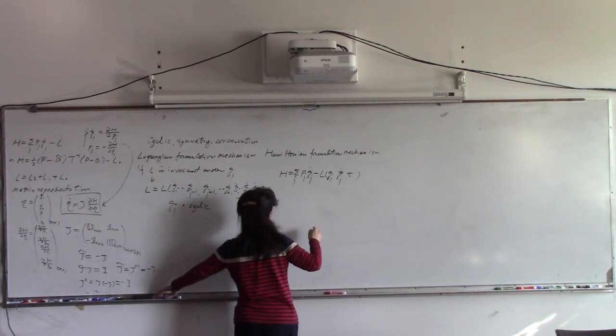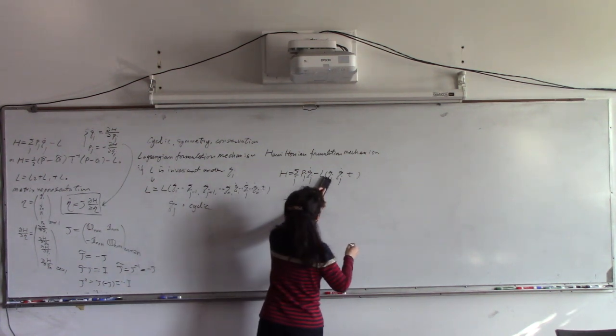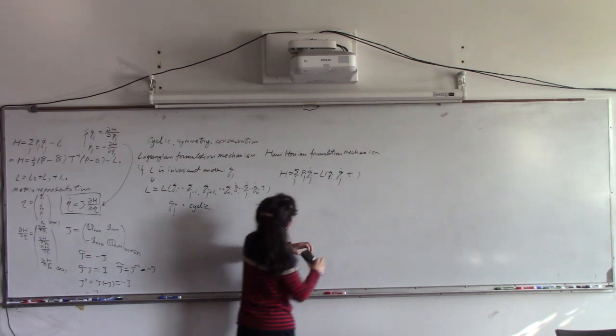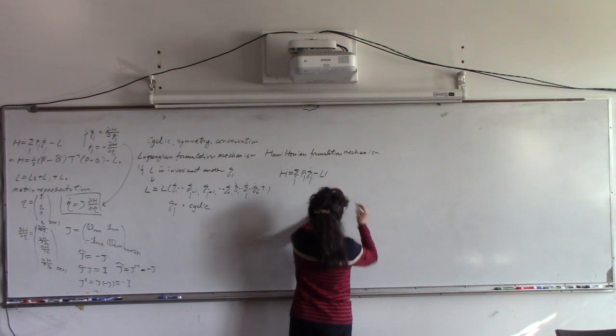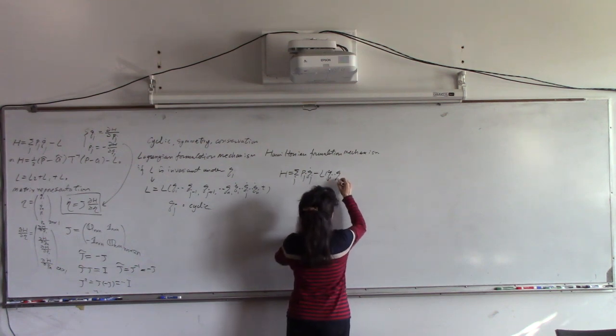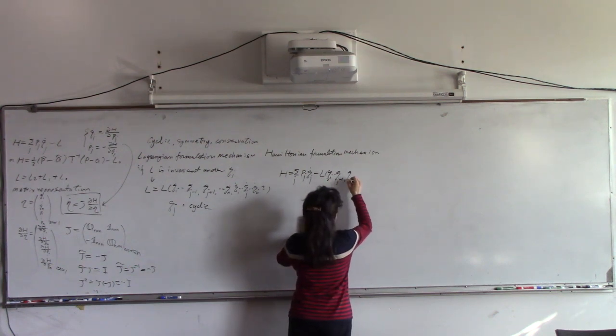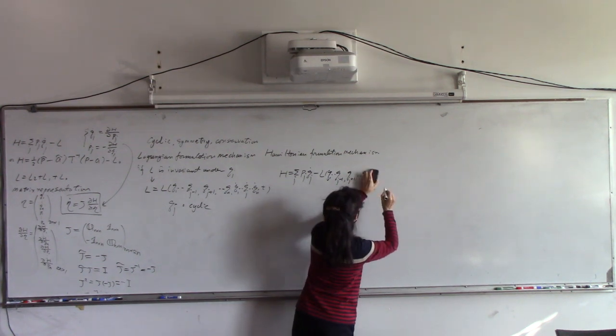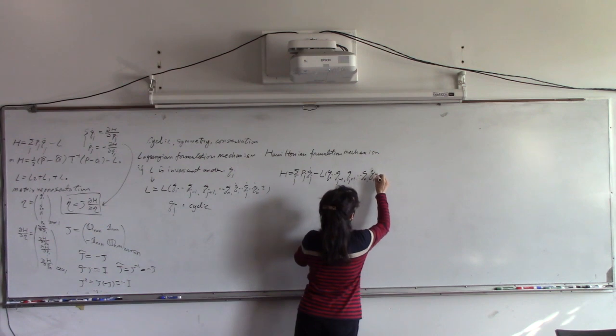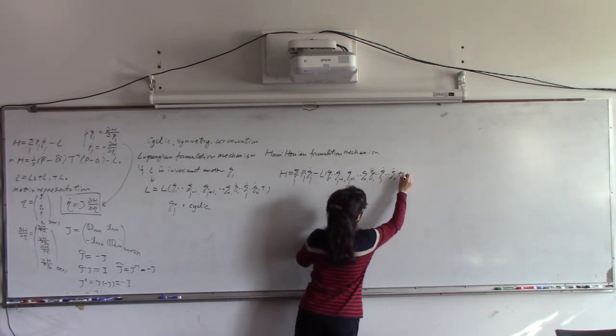So here, if L is a function of Q1, Qj minus 1, Qj plus 1, Qn, Q1 dot, Qj dot, Qn dot, and T.